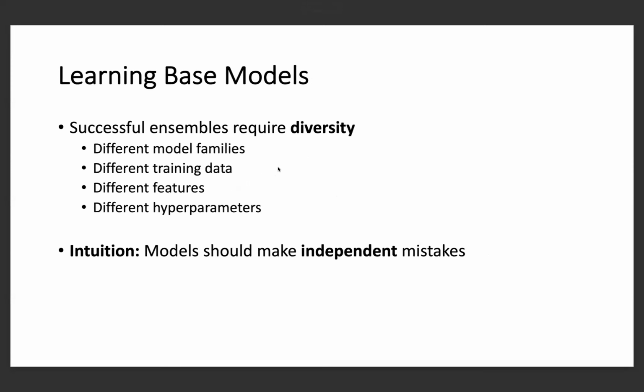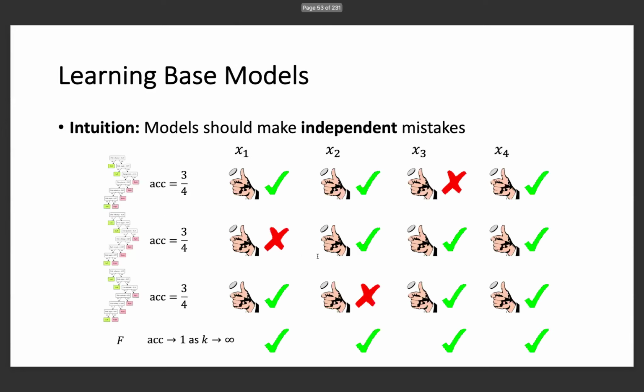Okay, so successful ensembles require diversity. Ideally you want different model families, different training data, different features, different hyperparameters. And the intuition why ensembles work is that each submodel makes independent mistakes. Just think of an image like this.